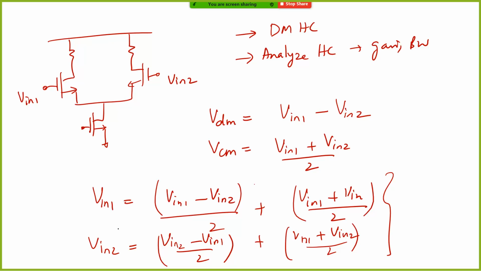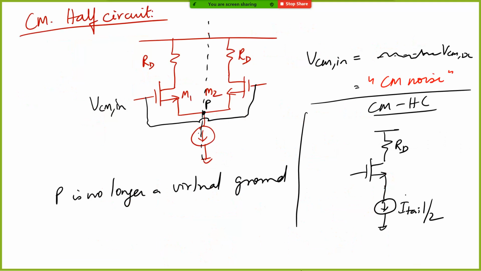When you have arbitrary inputs Vin1 and Vin2, you can write the common mode voltage to be the average of the 2 signals. So that will have both common mode DC and common mode AC. And therefore, we are talking about the common mode AC.